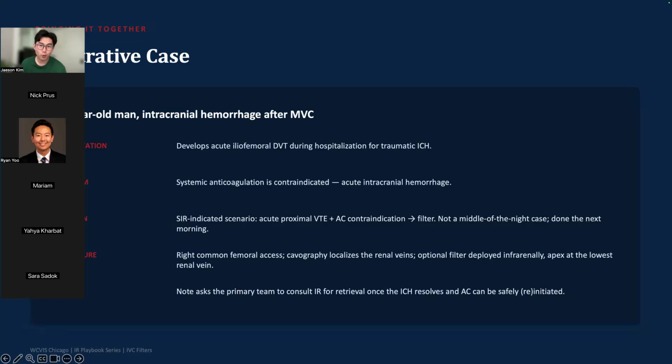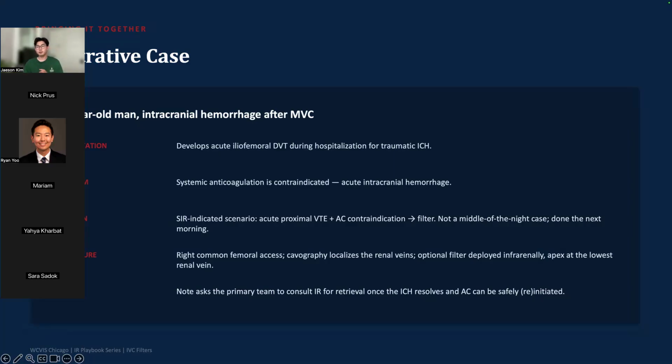Okay, before we finish it off, let me just tie this all together with an example case from the chapter. So let's picture a 45-year-old man who was in, let's say, a car accident and has bleeding in his brain from the injury. While he's in the hospital recovering, he develops a large clot in the leg. So let's think it through.